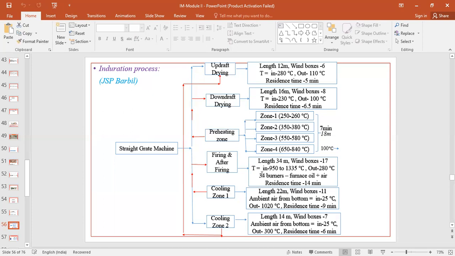You can see its total length is 34 meters, and you have 34 burners. That means every 1 meter you have one burner across its length, and we use furnace oil and air for this combustion process. The residence time of the pellets inside this chamber is around 14 minutes.